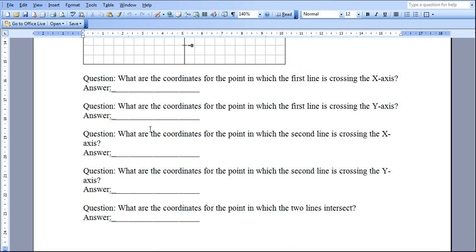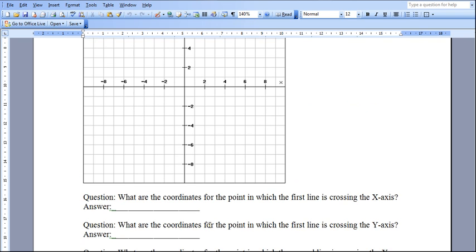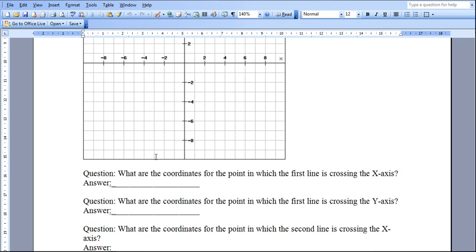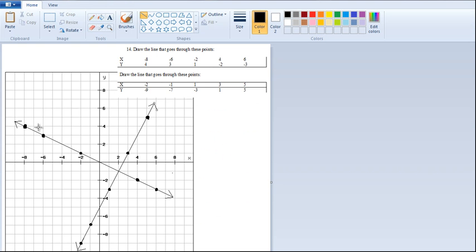Now some questions. What are the coordinates for the point in which the first line is crossing the x-axis? So remember, the first line, -8, 4, it was this line. This is the x-axis, and this is the line.